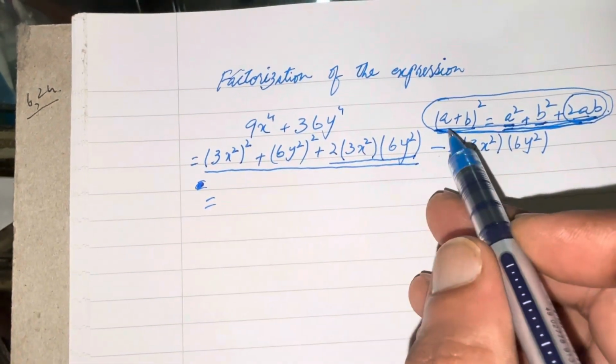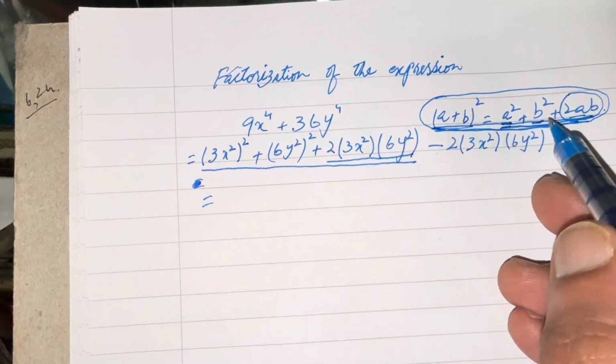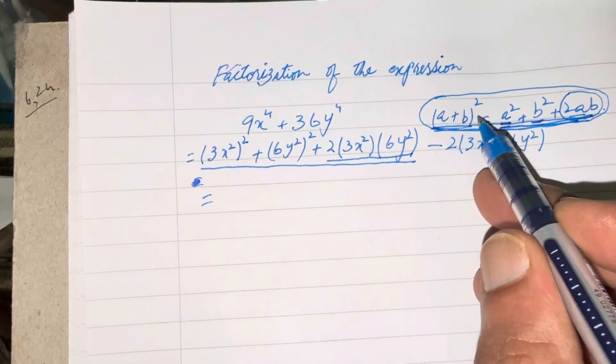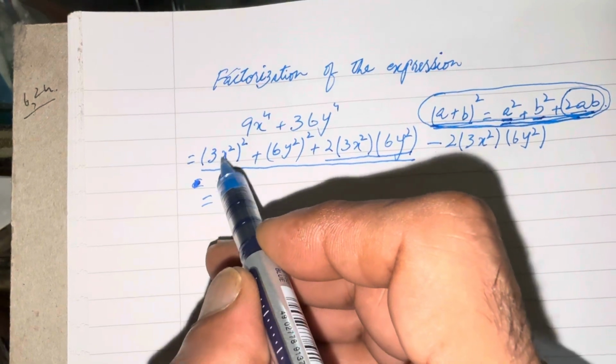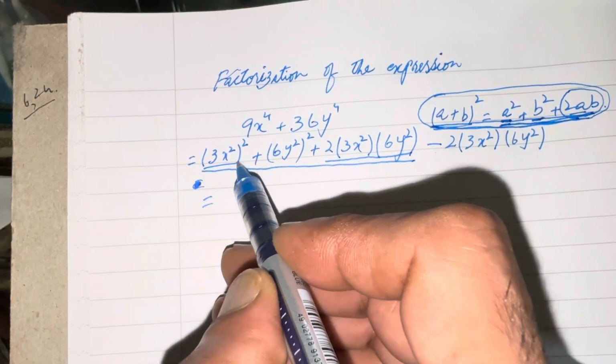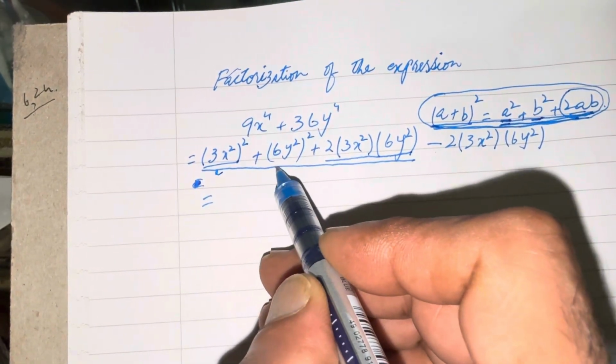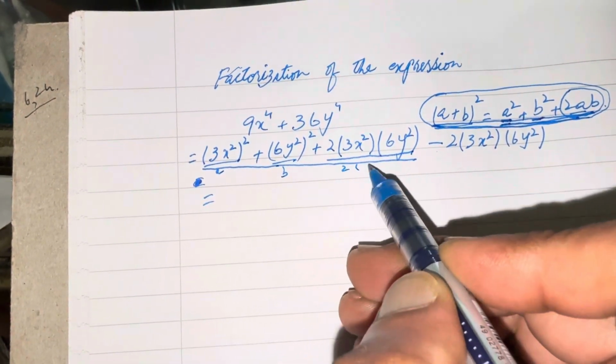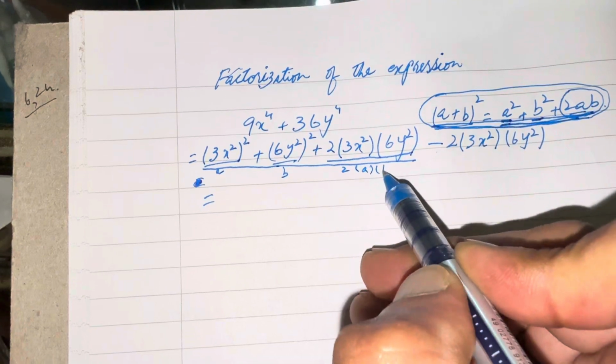So it means we can write a square plus b square plus 2ab into a plus b whole square. So similarly, if you see, if we suppose this term is equals to a, this term is equals to b, and this term is equals to 2 into a into b.